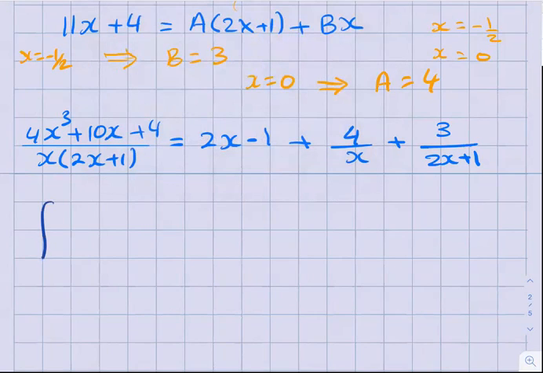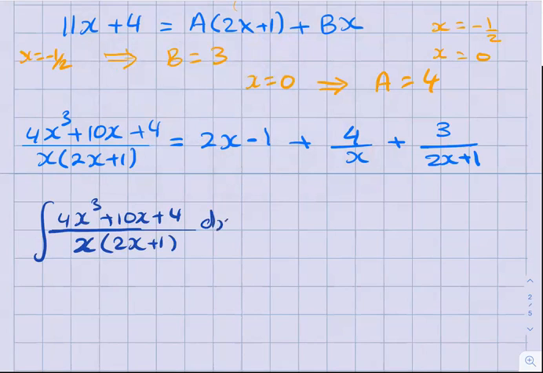So the integration of 4x cubed plus 10x plus 4 over x multiplied by 2x plus 1 dx equals the integration of 2x minus 1.